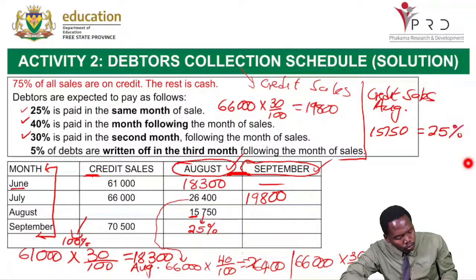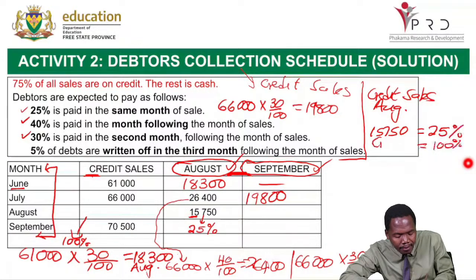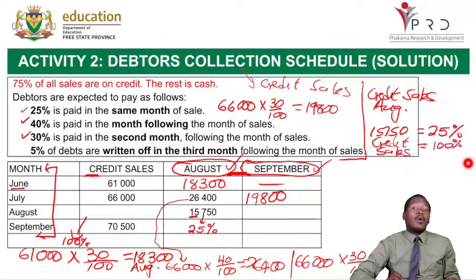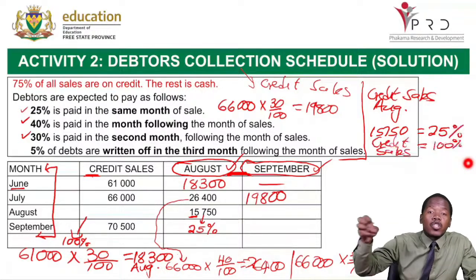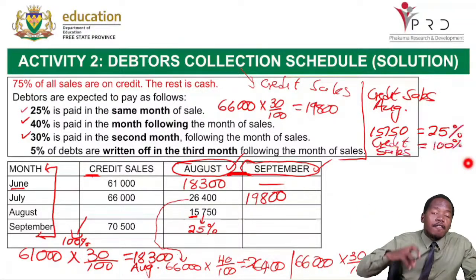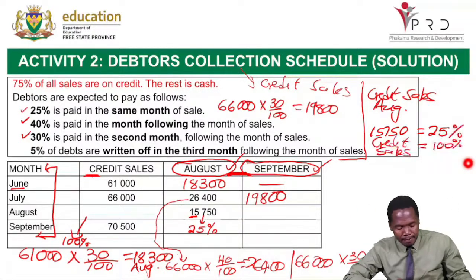Now, we are moving on. After collecting 25%, we are now going to look at what would be our credit sales. Our credit sales should be 100%. Remember, these customers will be owing us 100% of the amount, and then we collect it in portions: 25%, 40%, 30%.